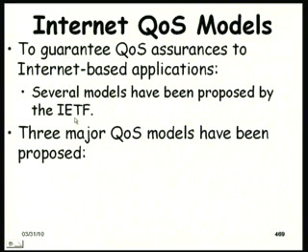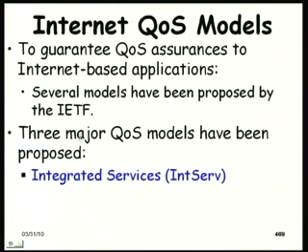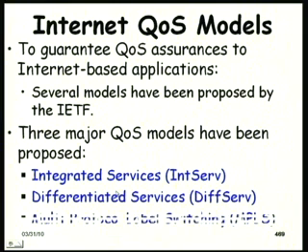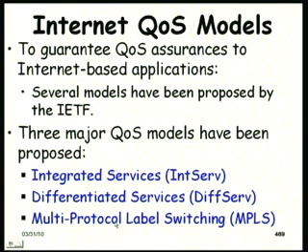and this has proposed 3 major quality of service models. One is called the integrated services or IntServ, the differentiated services or DiffServ, and the multi-protocol label switching or MPLS.